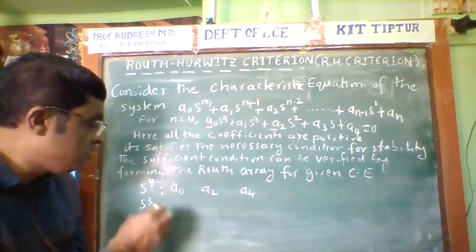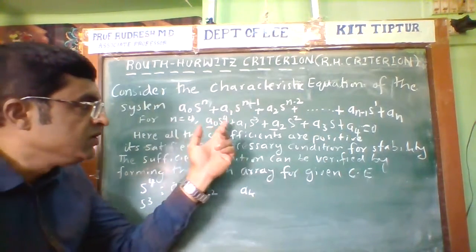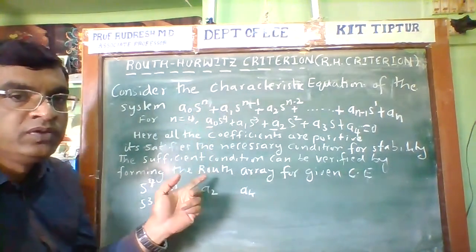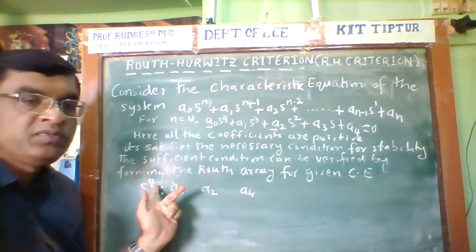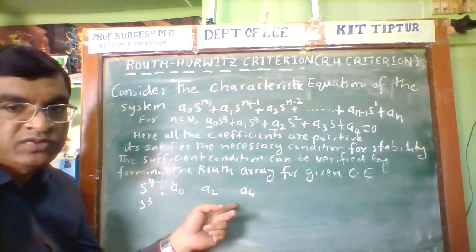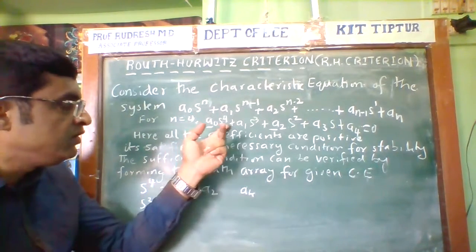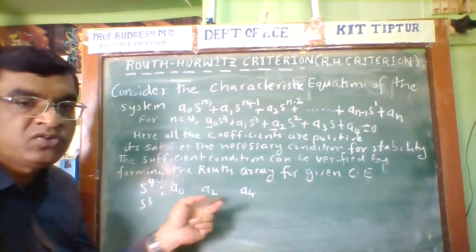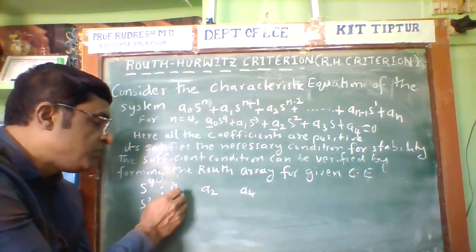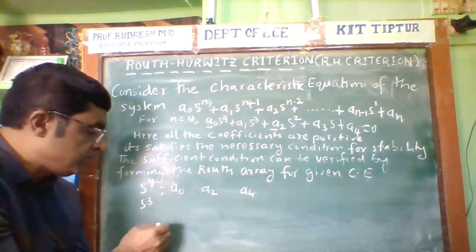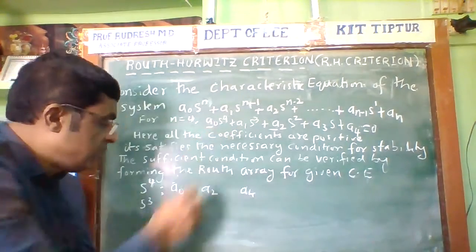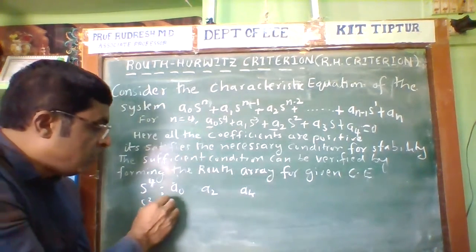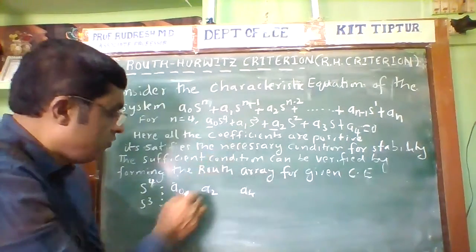If it is even, the first row is formed by the even powers of S. The subsequent row, the S cube row, is formed by the odd powers.